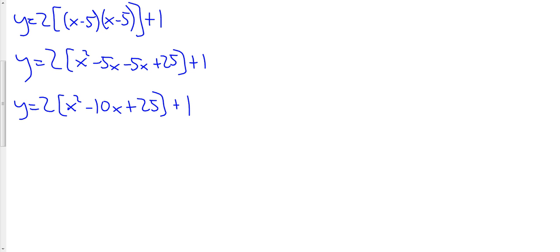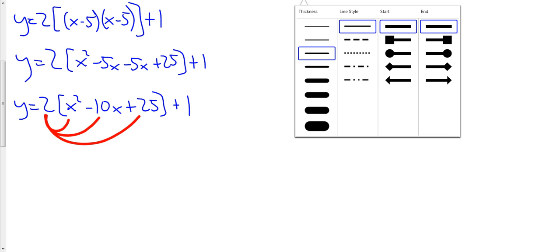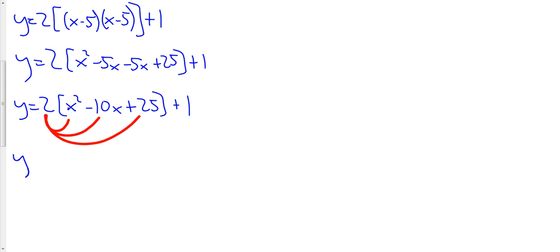Now that I've got a simplified version of those two binomials, I need to multiply through. I have 2 times everything in this bracket: 2 times x squared, 2 times negative 10x, and 2 times positive 25. So I multiply through and end up with 2x squared, then 2 times negative 10x gives me negative 20x, and then 2 times positive 25 is positive 50.